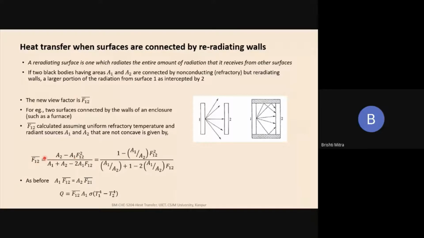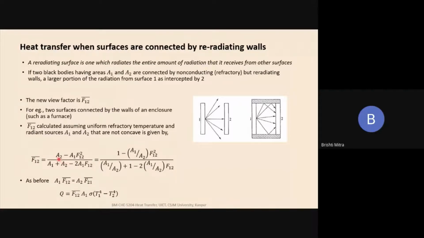That F12 bar is equal to (A2 minus A1 F12 squared) divided by (A1 plus A2 minus 2 times A1 F12). So if I know the value of F12, I can use that and the areas of A1 and A2 to find out the value of F12 bar.